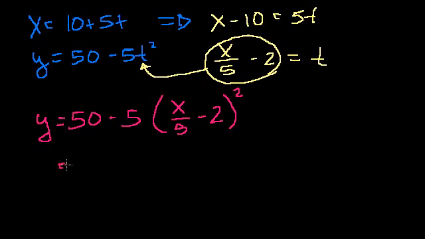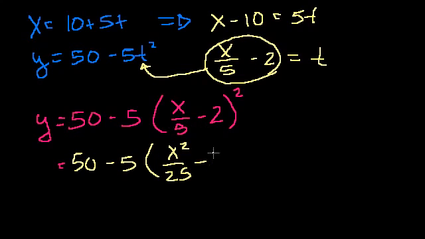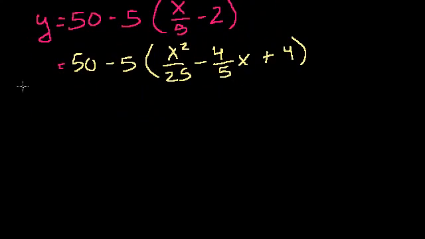So this is equal to 50 minus 5 times, this is x squared over 25 minus, let's see, 2/5, so it's 4/5 x plus 4. And then if you multiply, so this is a y out here, so you get y is equal to 50. And let's see, minus 5 times, minus 5 over 25 is minus 1/5.